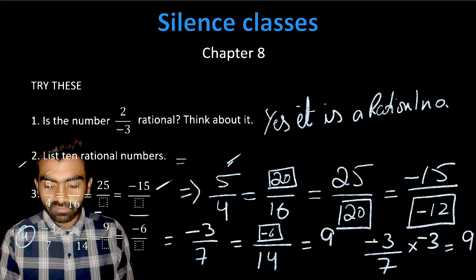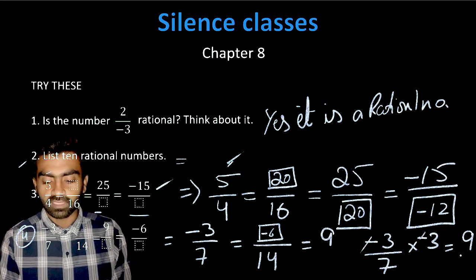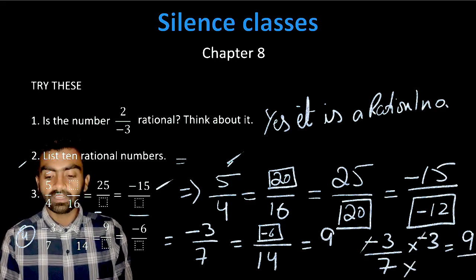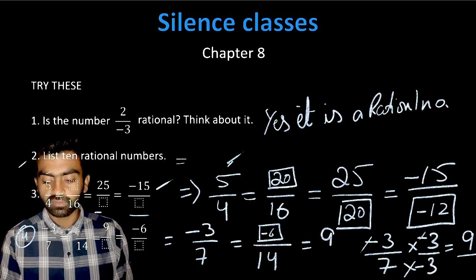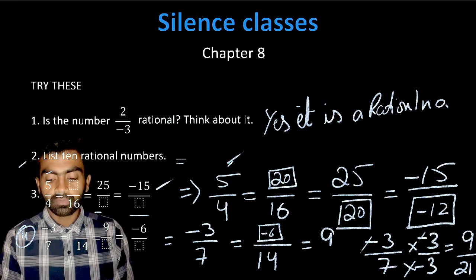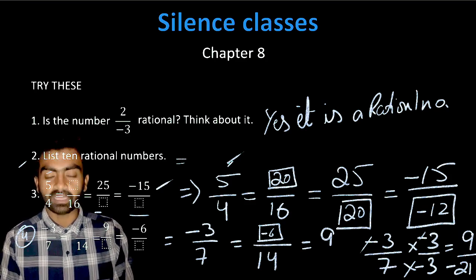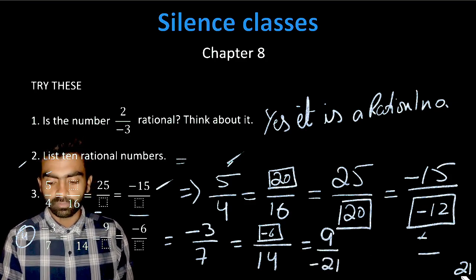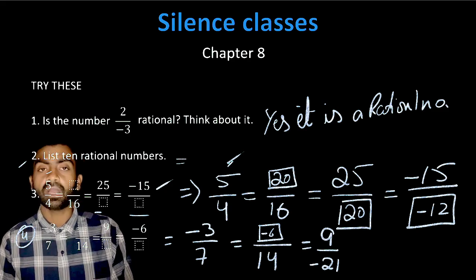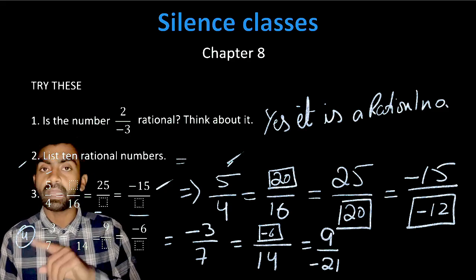If I am multiplying by minus 3, we have to multiply the denominator by minus 3. 3 sevens are 21 and minus sign will be there, means minus 21 will be there in the denominator, because we are multiplying the numbers by minus 3.